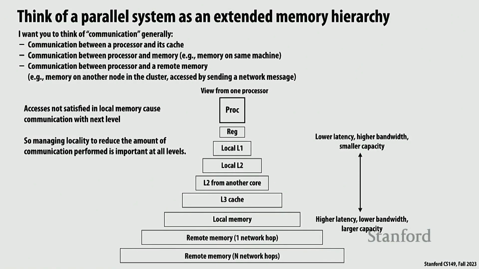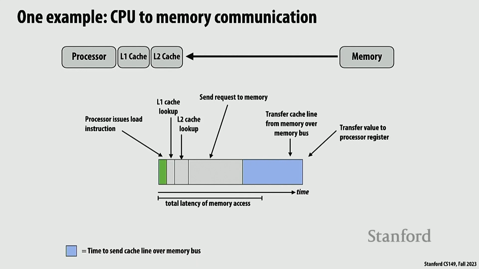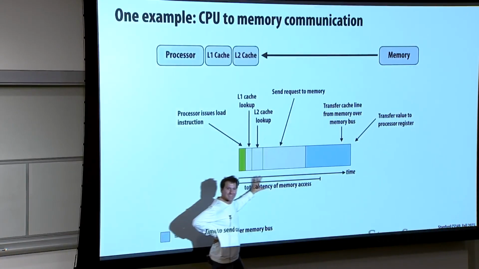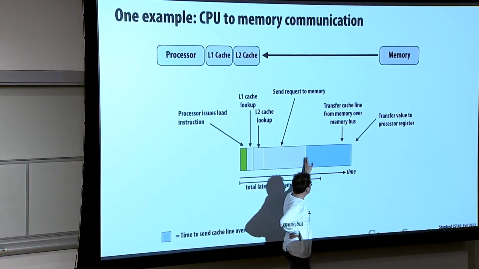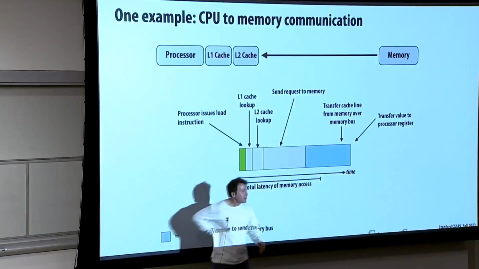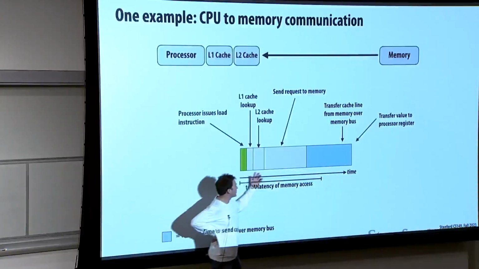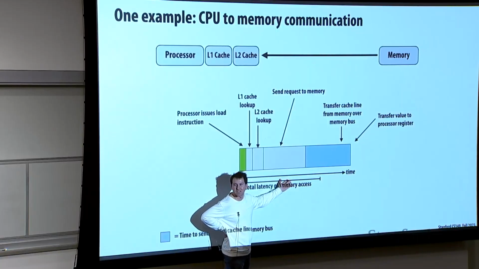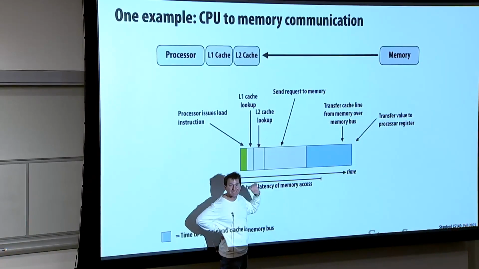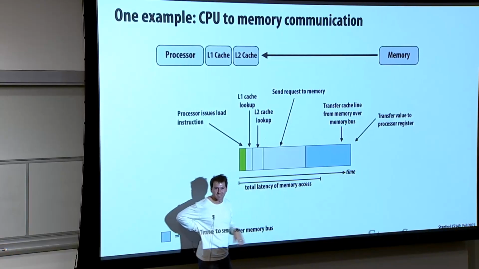Once you start thinking about this, these diagrams that I showed you a few lectures earlier, where I said imagine a processor issues a load instruction, and there's some memory latency, and then the data has to start moving back to me. Now hopefully you get a sense of where all this memory latency comes from. It's an L1 cache lookup, an L2 cache lookup. Maybe you actually have a TLB miss, because of virtual memory in operating systems.